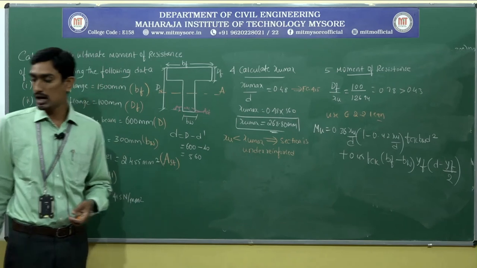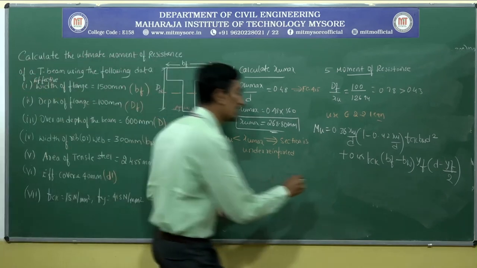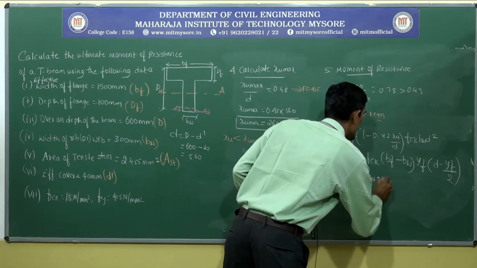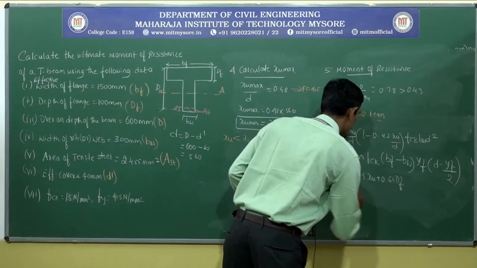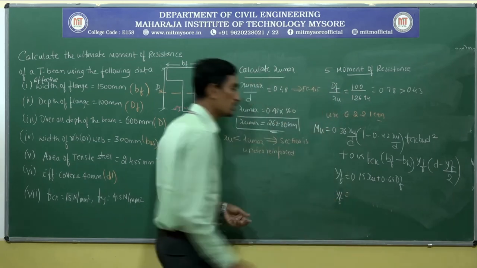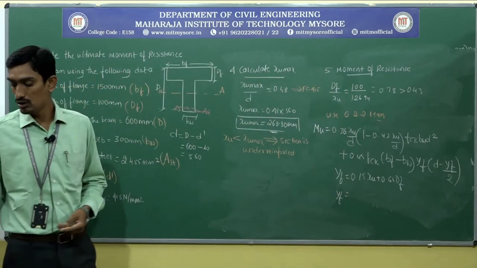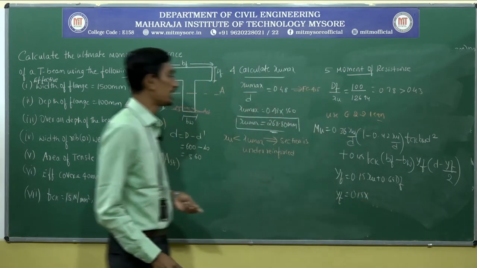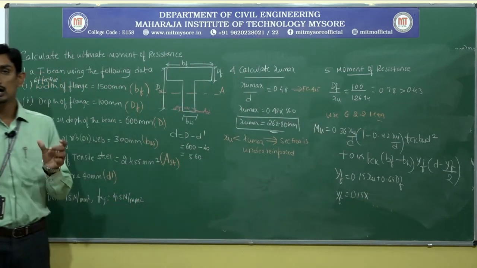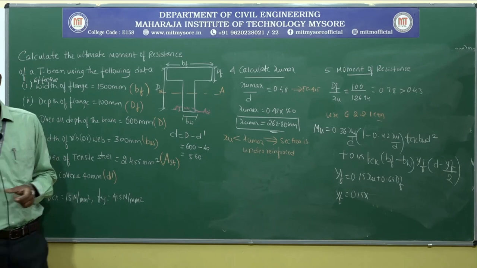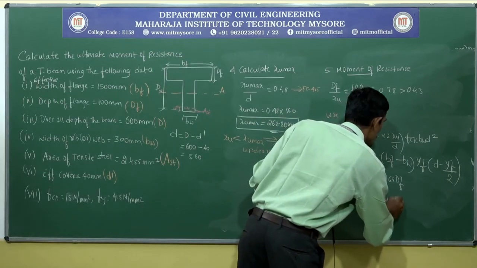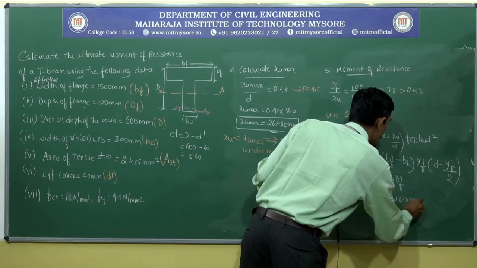So this is the formula once again, where yf is equal to 0.15 Xu plus 0.65 Df. Substitute this. You already know the Xu value, that is 0.15 into the correct Xu value, 126.94, plus 0.65 into 100.